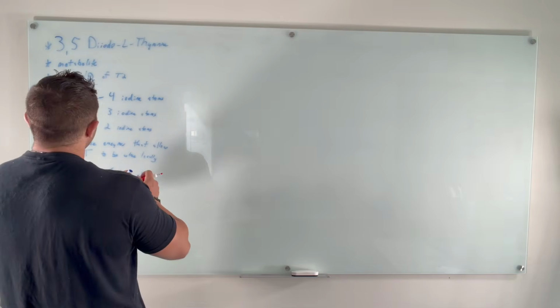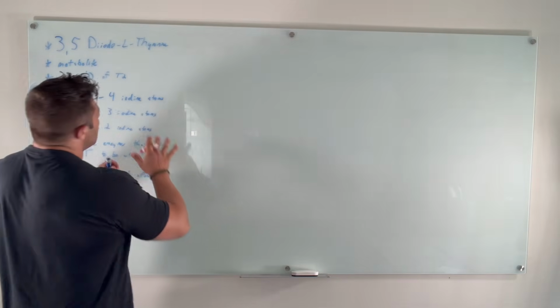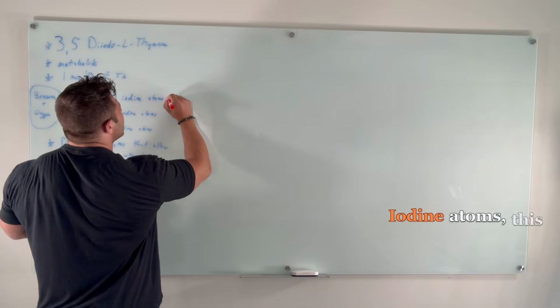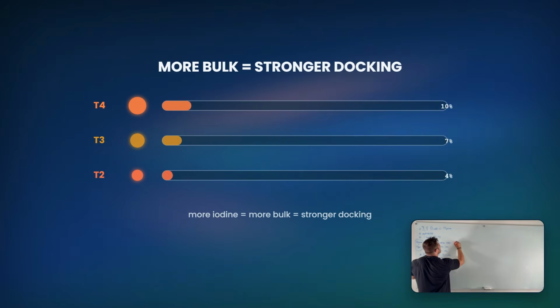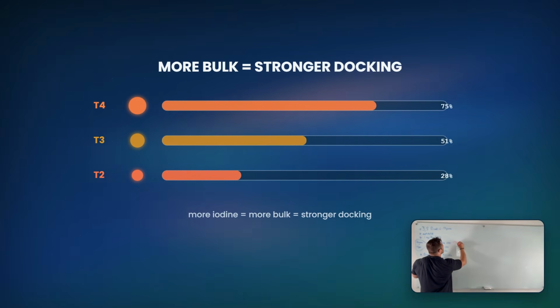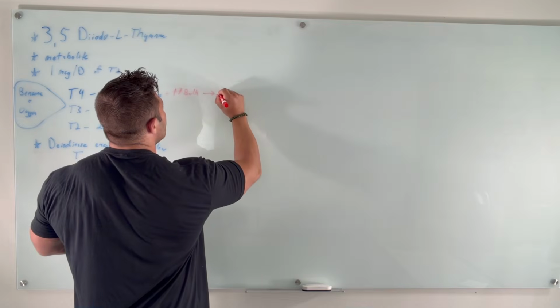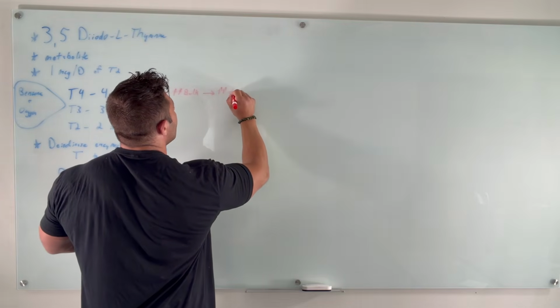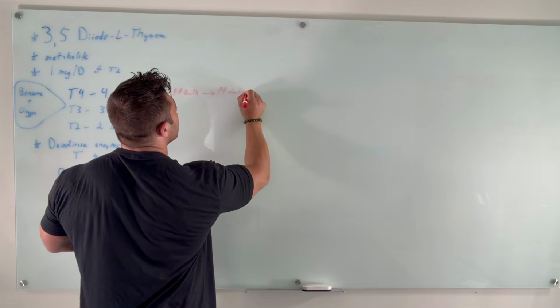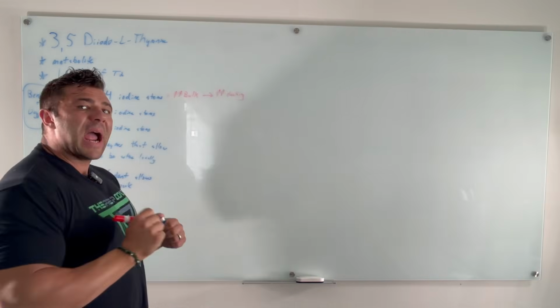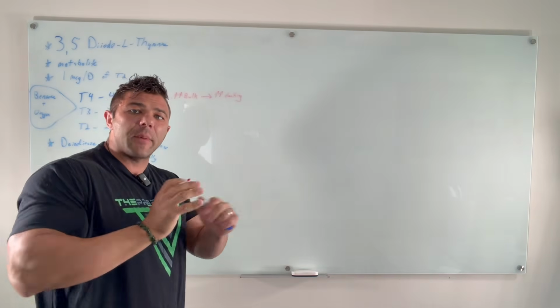So you have these T4, right? Four iodine atoms. This is going to literally cause more actual bulk. The atomic structure becomes more bulky. When it becomes more bulky, that directly improves, I'm going to put docking. In reality, remember how these work from a receptor geometry aspect.